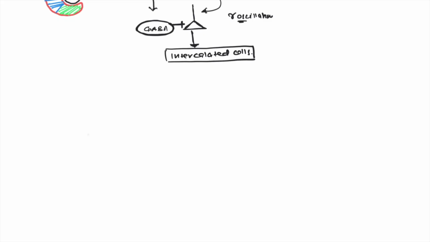So now we know where the intercalated cells are located. They are in the amygdala. So we have the subgenual anterior cingulate cortex that modulates the functioning of the intercalated cells. The subgenual anterior cingulate cortex, through a polysynaptic mechanism, is controlled by the dorsolateral prefrontal cortex as well as the ventrolateral prefrontal cortex, all right?